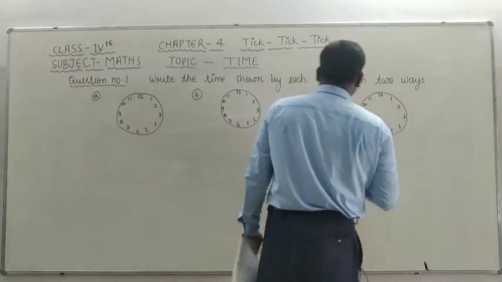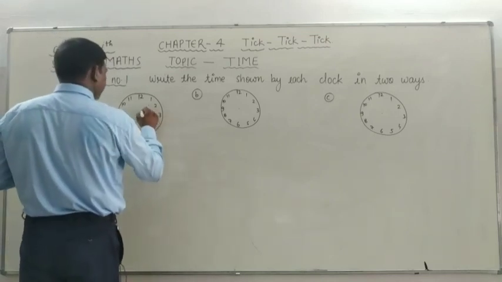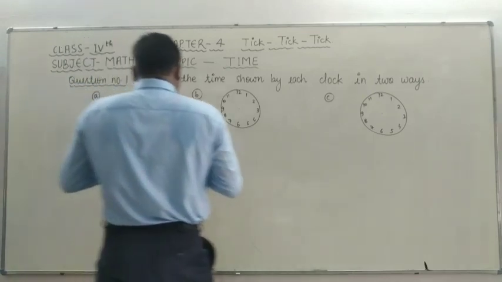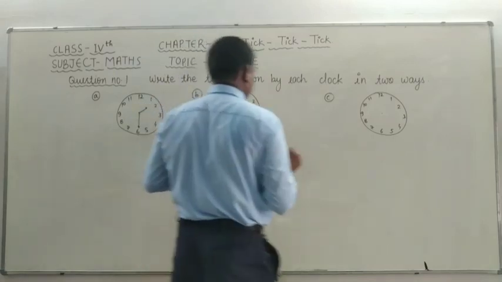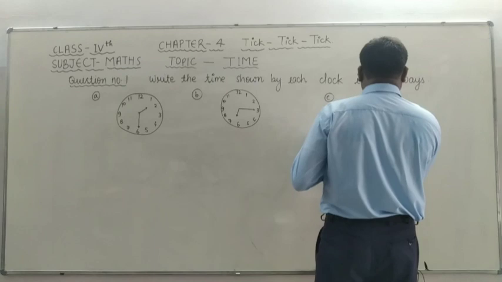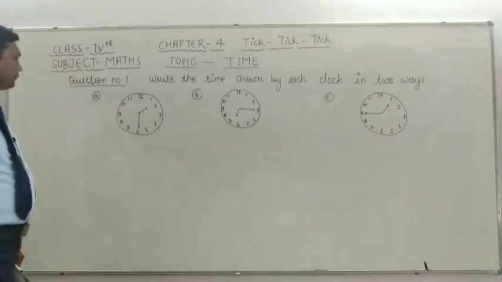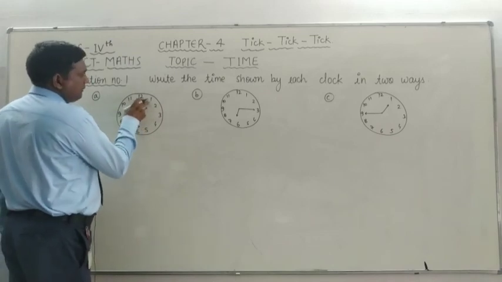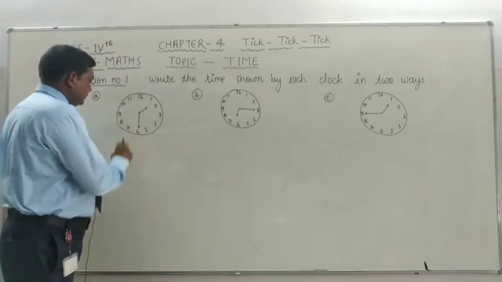Okay, students, look here carefully. In question number A, we see that the hour hand is exactly between 1 and 2, and the minute hand is at 6.